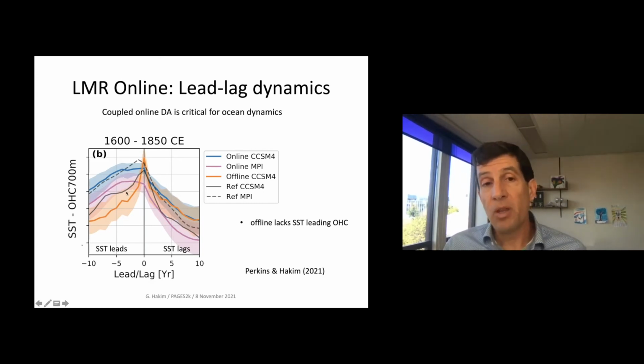And in fact, the online LMR reconstructions, given here by the blue and the purple curves, also have that property. Although it's different in detail from the models, they have this idea that dates back to Hasselmann 1976, that the ocean is integrating over the noise near the surface, that the SST is leading the variability in this slower component of the climate system, the ocean heat content.